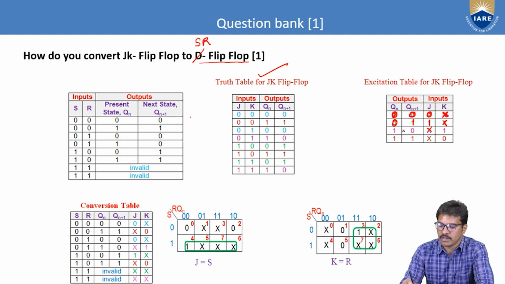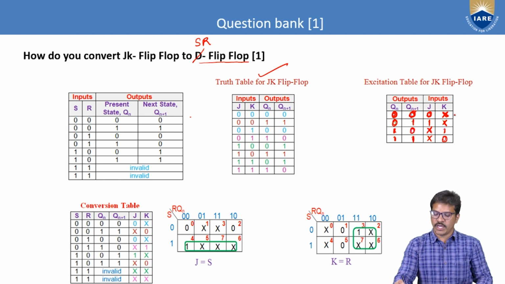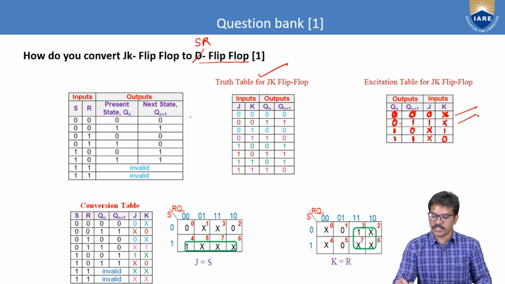Like that, for present state 1 and next state 0, my inputs must be x and 1. If present state is 1 and next state is also 1, then my inputs must be x and 0. So for the 0 0 combination, present state 0, next state 0, inputs are 0x; present state 0, next state 1, inputs must be 1x; 1 0, x1; 1 1, x0.